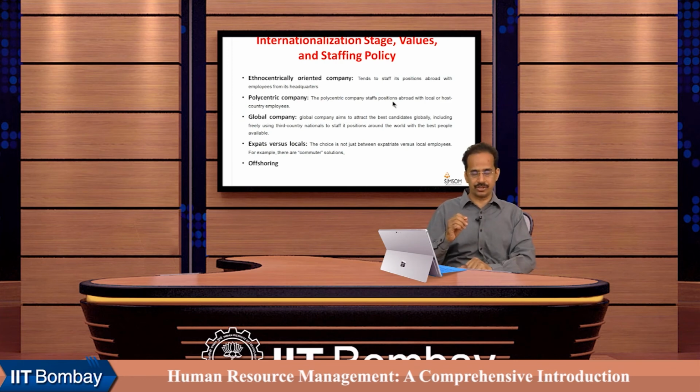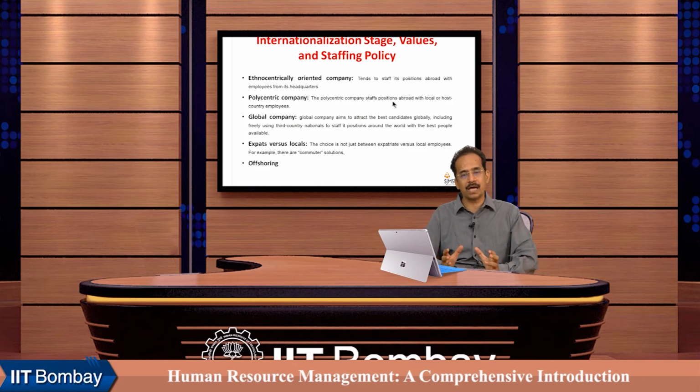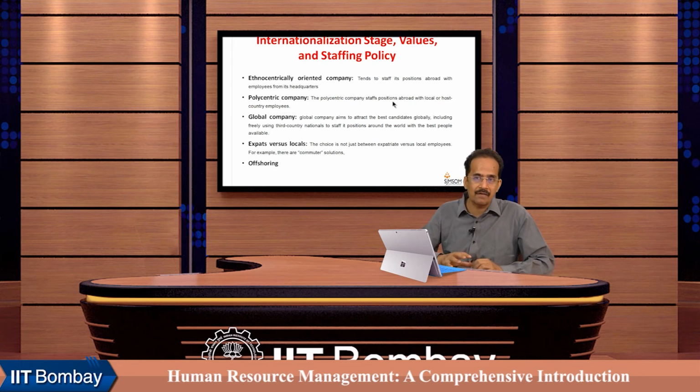International or global organizations can be ethnocentrically oriented, polycentric oriented, or global, with an expat versus local stance. Ethnocentric organizations tend to staff their positions abroad with employees from their headquarters, from the parent company.